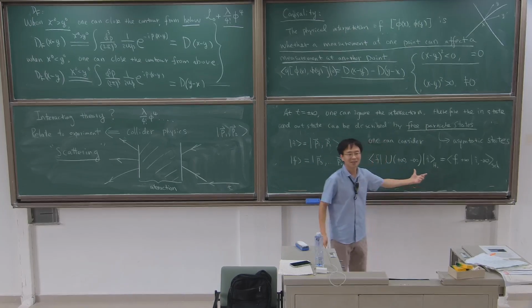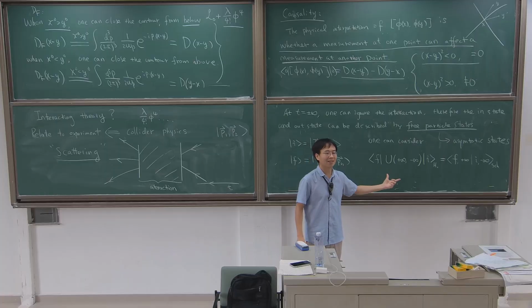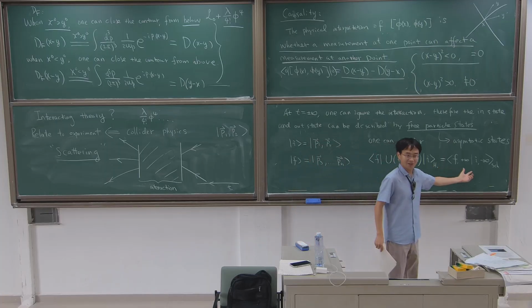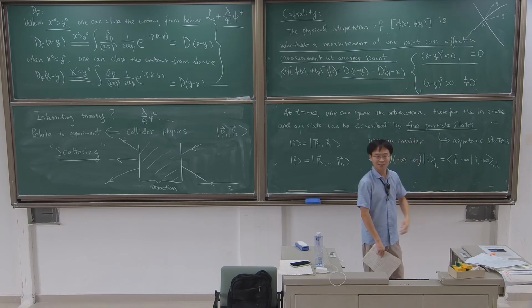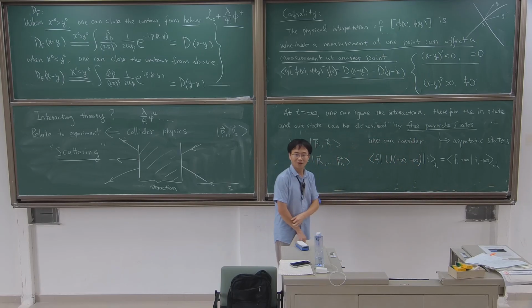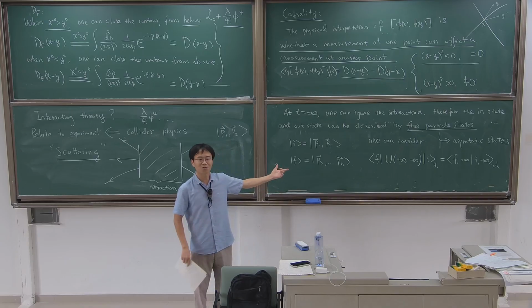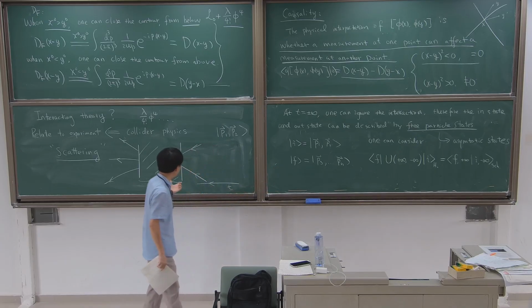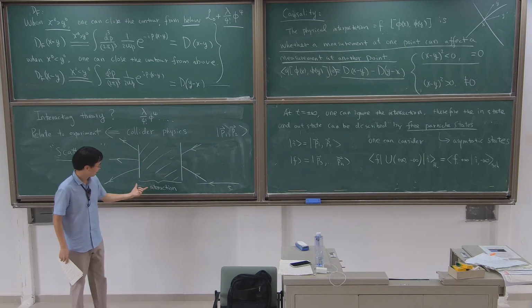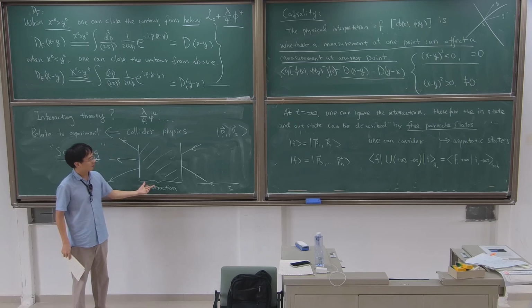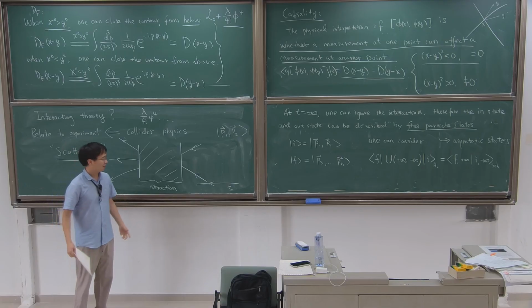If you want to insist, I do like the Schrödinger picture, then this is what you have to do. It's a little bit abstract, and this kind of setup is really particular. To make everything very precise, you have to put in more effort.